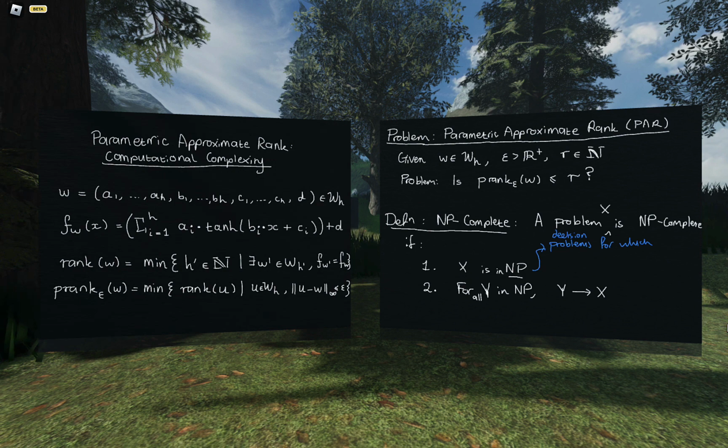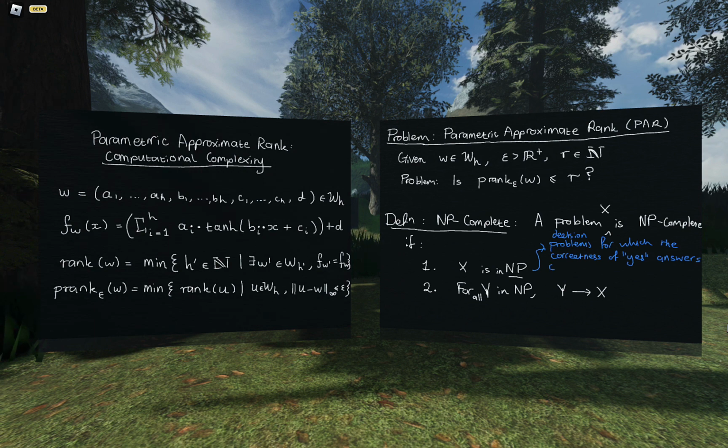So that's much easier to understand, maybe. Decision problems for which, when the answer is yes, you can verify that with some algorithm that's deterministic and runs in polynomial time.